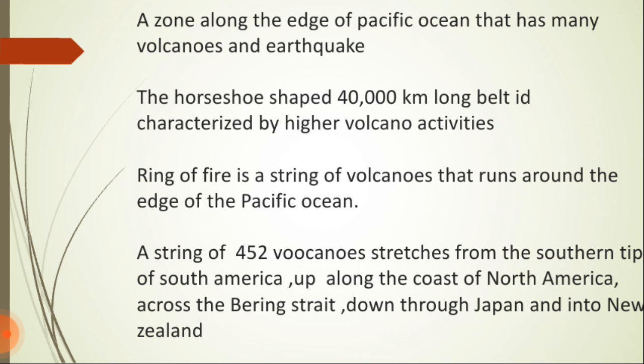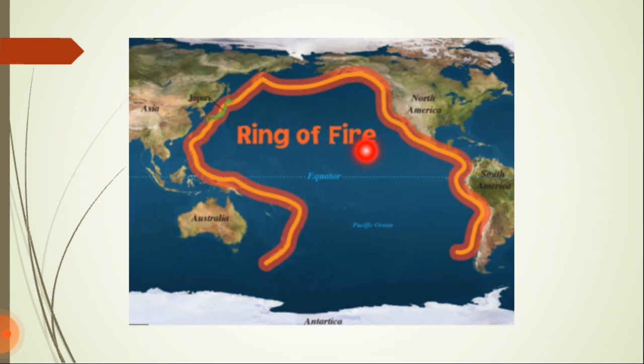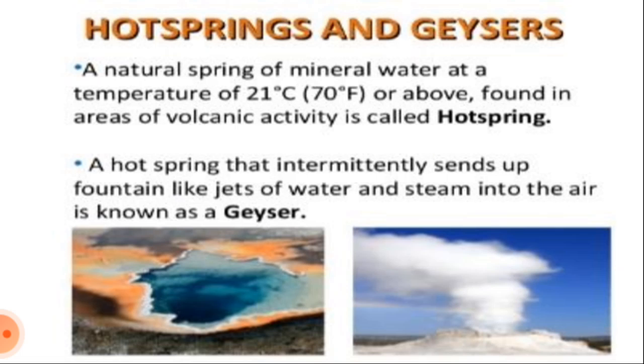The string of 452 volcanoes stretches from the south tip of South America up to the coast of North America, across the Bering Strait, down through Japan into New Zealand. This is the Pacific Ocean, and there are many volcanoes here. So it looks like a ring, that's why it's called a ring of fire.